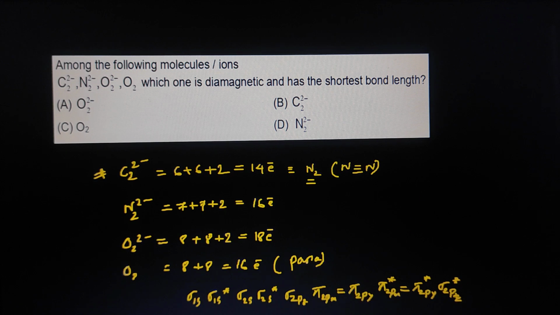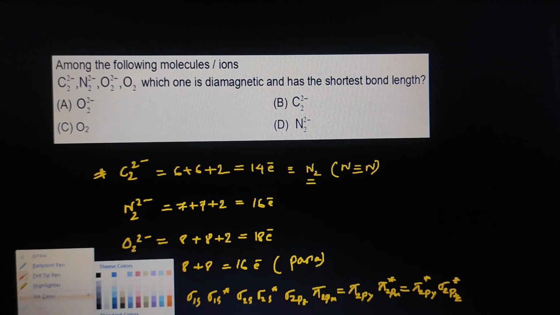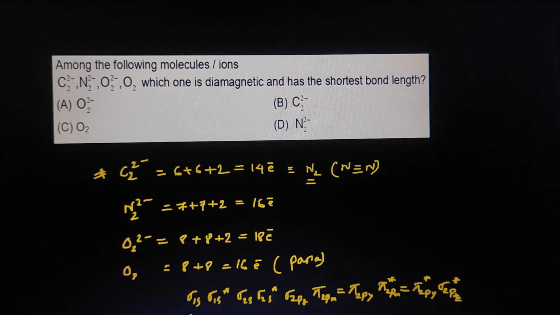So for O2, if we arrange the electrons like this, 2, 4, 6, 8, 10, 11, 12, 13, 14, 15, 16.